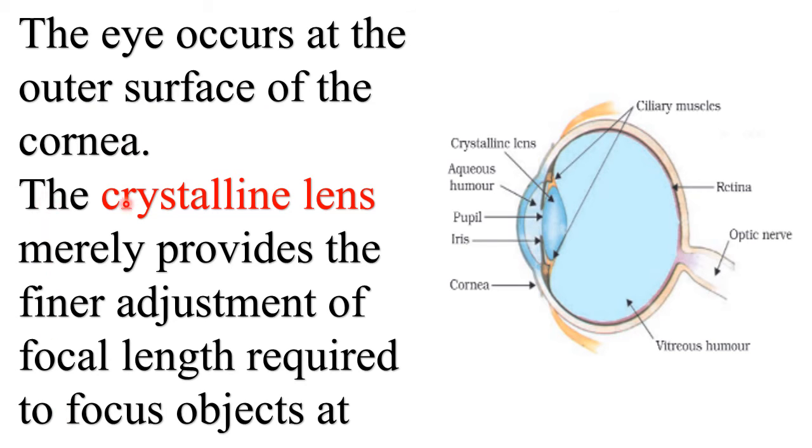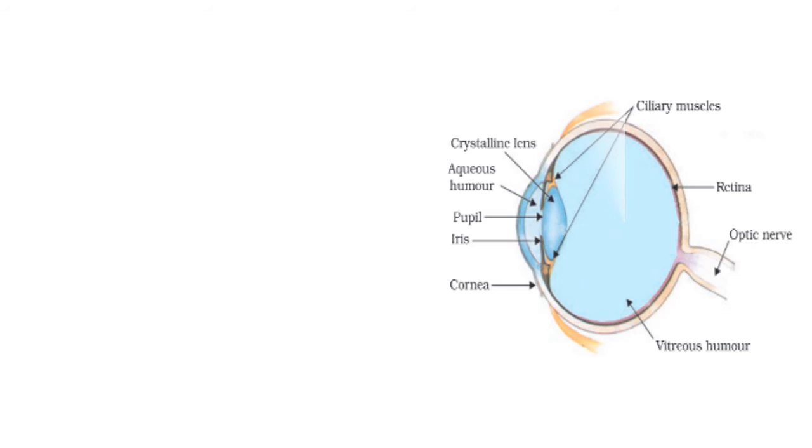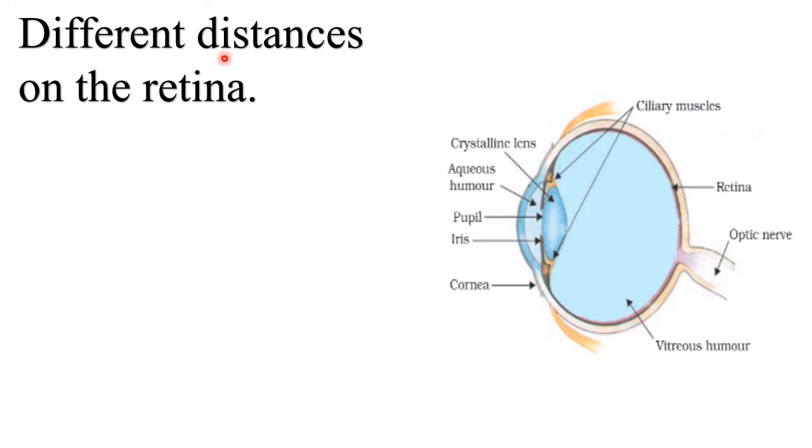The crystalline lens, this is the crystalline lens, merely provides the final adjustment of focal length required to focus objects at different distances on the retina.